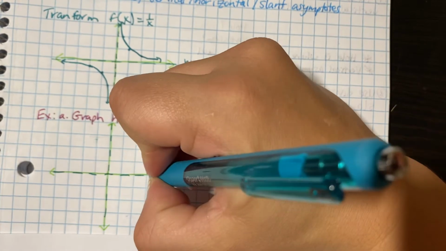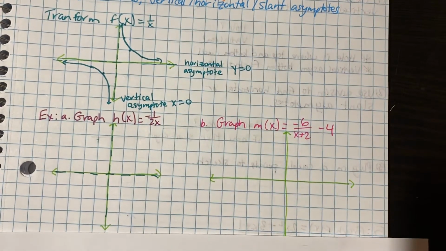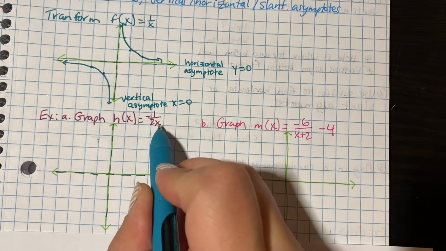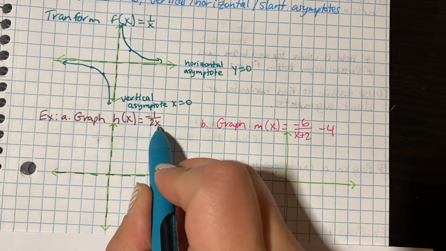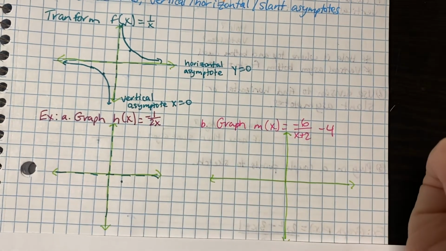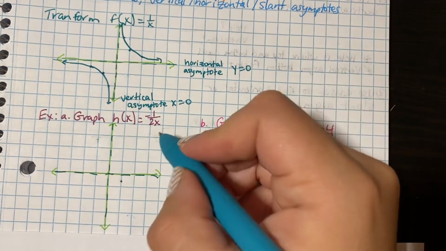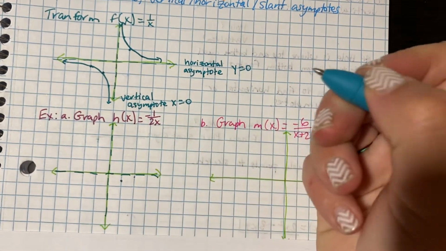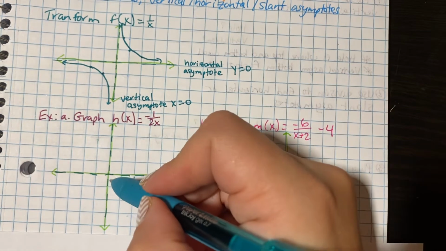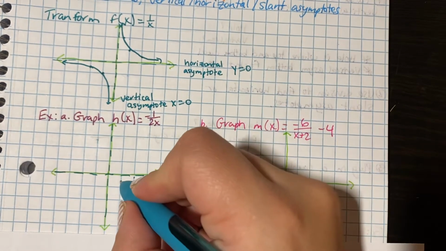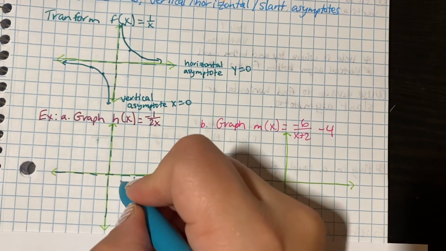And if it was me doing this one, I would legitimately just plug in a number. So if I plug in a 1, I'm going to get a -1/2. If I plug in a 2, I'm going to get -1/4. If I plug in a 1/2, okay, we know we're going to be heading this way.